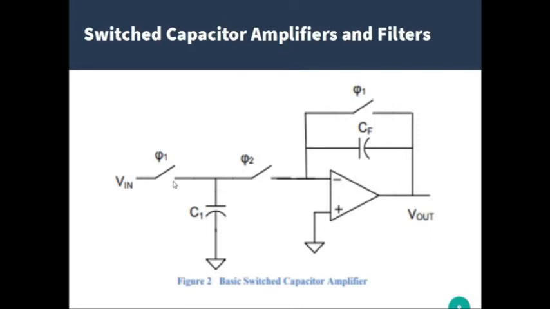Then this will open, and phi sub 2 will close. When phi sub 2 closes, the charges from C sub 1 will discharge and go to the feedback capacitor, then to the output voltage, applying the corresponding amplification. So that's how our switched capacitor works.